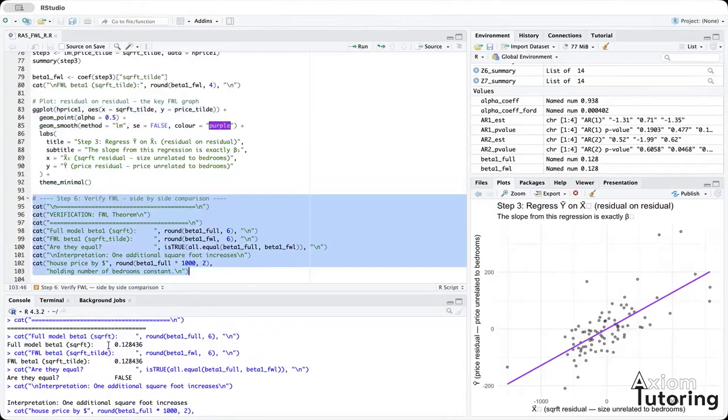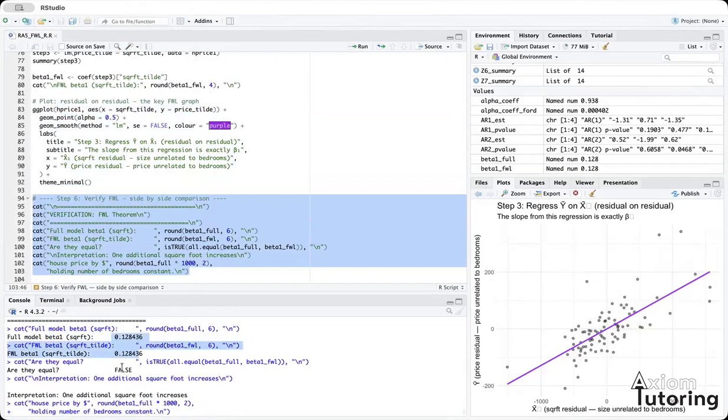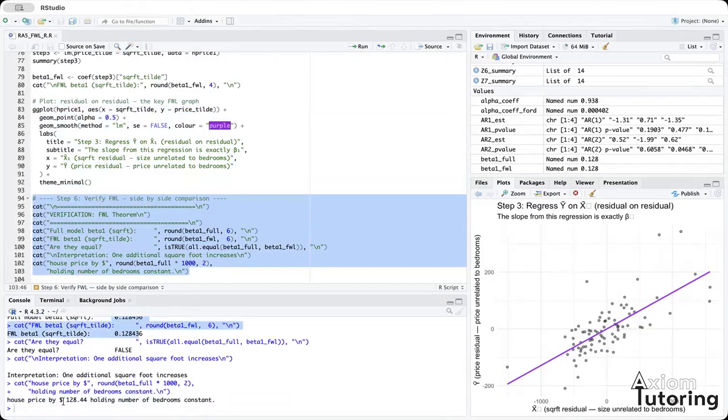And as you can see, from the first model we have the 0.1284, which is the same as the second number, which means that they are equal. We've also got a little bit of interpretation, which is that one additional square foot increases the price by approximately $128, holding the number of bedrooms constant.